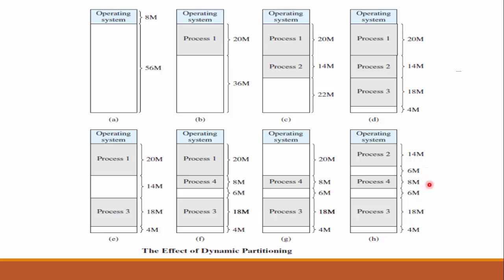Okay, how much is it? 16. Yeah. So 16 of space is still available, and our new program is of 13, but we still can't load it because this space is not continuous, so the program can't be loaded. So this thing is called external fragmentation, the fragmentation outside of partitions.